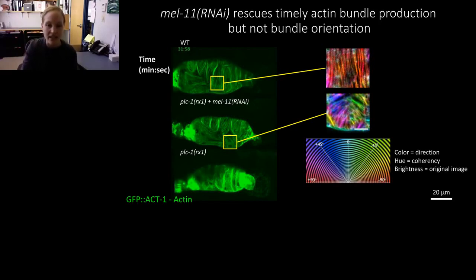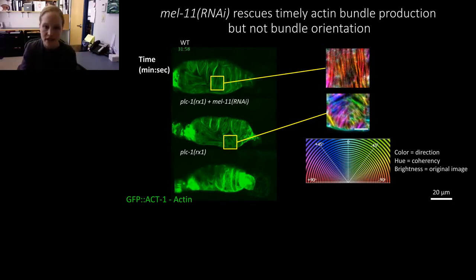However, in the same cell, but in a different animal, this animal now is the PLC1 null that has been treated with MEL11 RNAi to increase the amount of phosphomyosin, I can see, yes, in fact, there are very clear bundles produced, but they're no longer perfectly oriented along the long cell axis. And I have populations of differently oriented bundles.